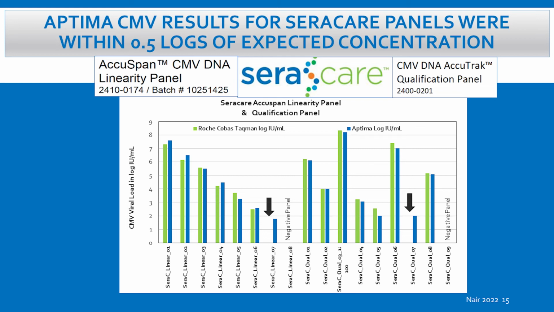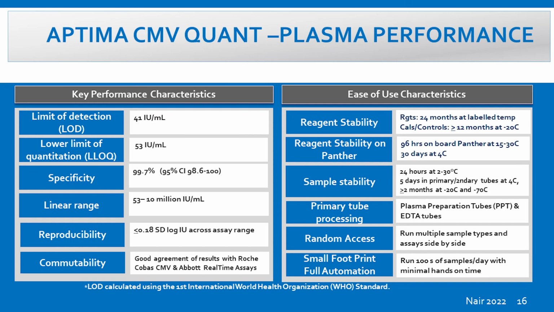To summarize, the Aptima CMV Quant test is highly sensitive as well as specific, with good linearity across the assay range, excellent precision and reproducibility of results within a lab as well as between labs, and results being commutable with those of commonly available commercial tests, including COBAS CMV as well as Abbott RealTime.